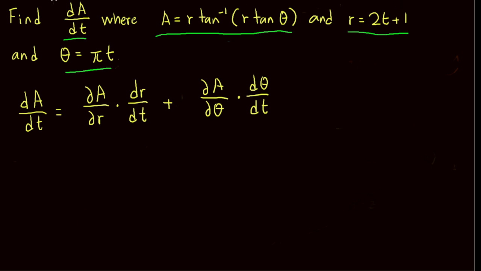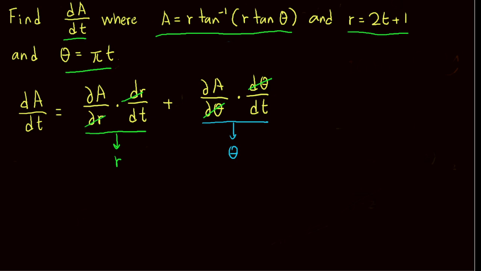So first we consider in terms of R, and then I'm going to use another color and focus in terms of theta. Of course, the R will somehow cross out. I know it doesn't really cross out, but it will anyway, and likewise the theta, and eventually you will get your dA/dt.